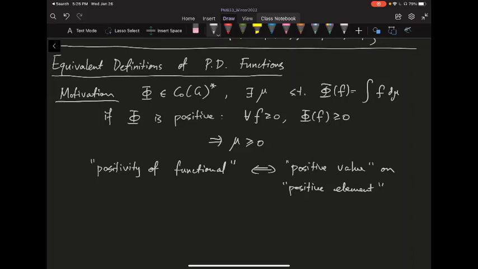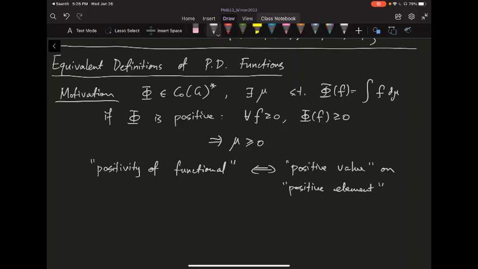You treat mu as a measure, but you can also treat it as a functional. So the positivity of this measure or this functional is essentially the same as saying that mu is positive when you evaluate it on positive elements. In the case of C0, those are basically all the positive functions. So as long as you have positive values there, your functional is positive. That's the idea.